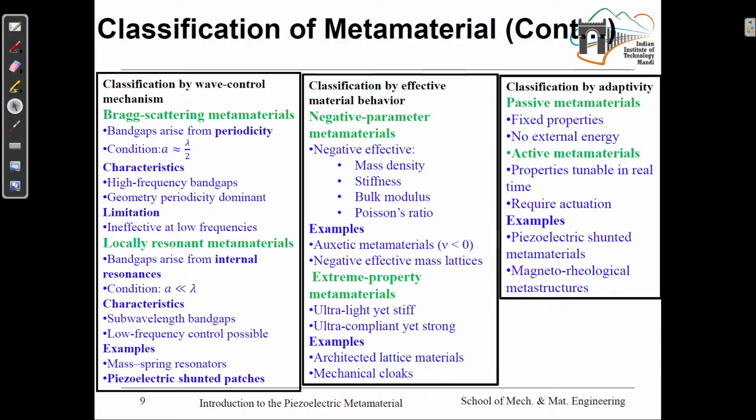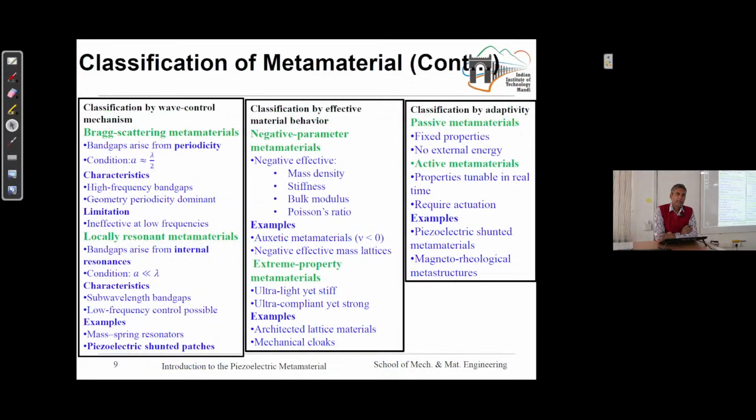As we have seen, metamaterials are designed for dynamic loading, that is, to control the waves, right? Because when we have dynamic loading, we have vibration waves, sound waves, thermal waves and so on.